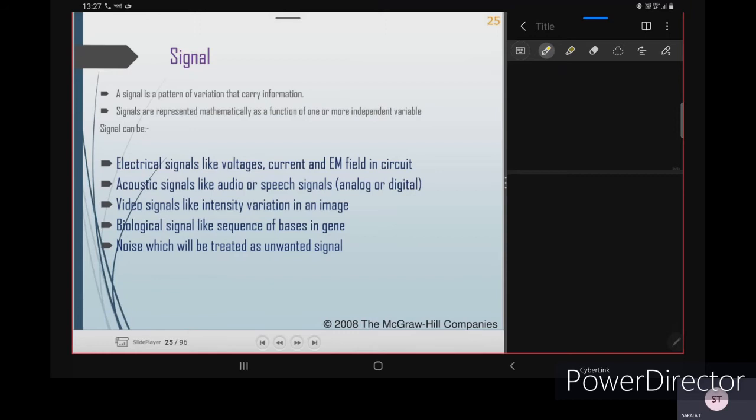Acoustic signals like audio or speech signals, analog or digital, you can consider any of those. Video signals like intensity variation in an image, biological signals like the sequence of bases in a gene, and noise, which is treated as an unwanted signal. These are the different types of signals which are available on earth.